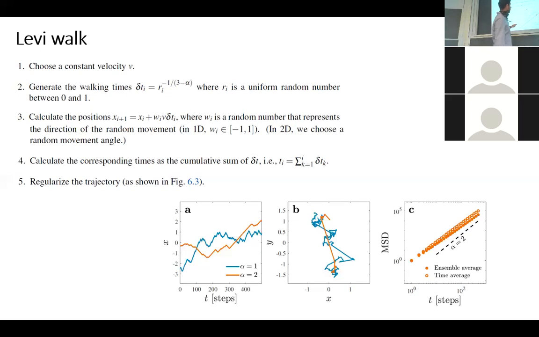And then you calculate. So these are the walking times. And here are 2 different examples for alpha equal to 1 and alpha equal to 2. Is this clear? These are all written in the lecture notes, so you don't need to write them down. And also, by the way, we are uploading all the slides in the files in the course.